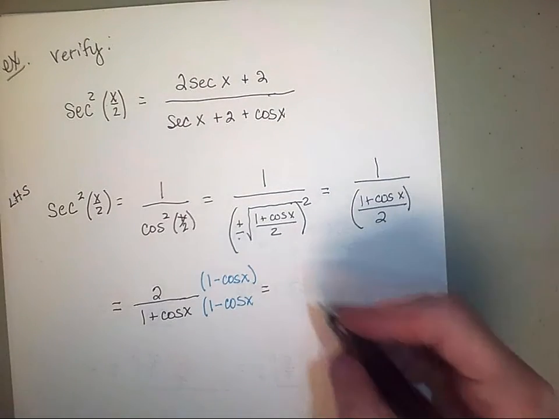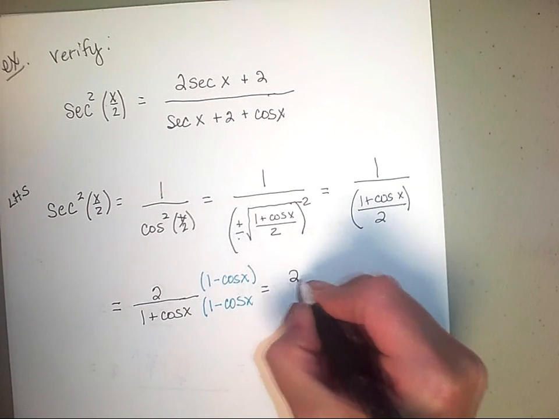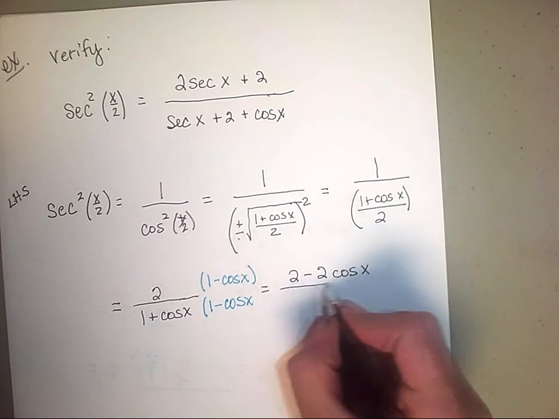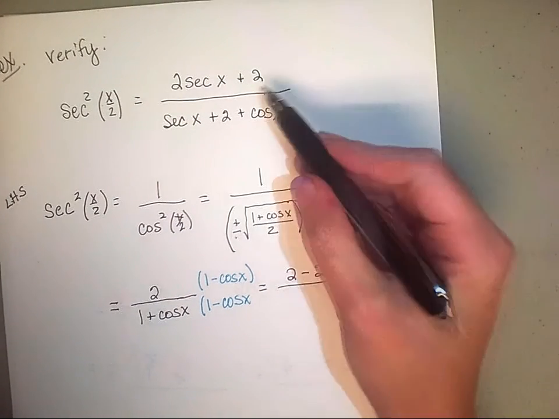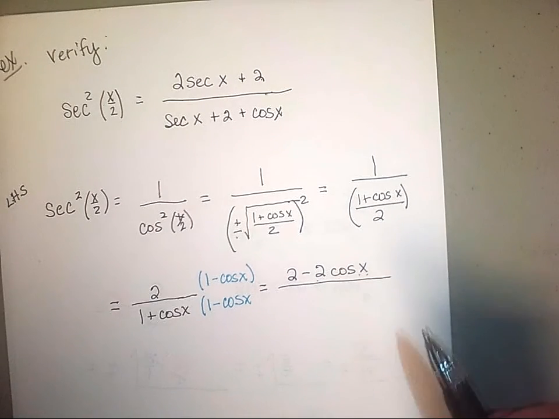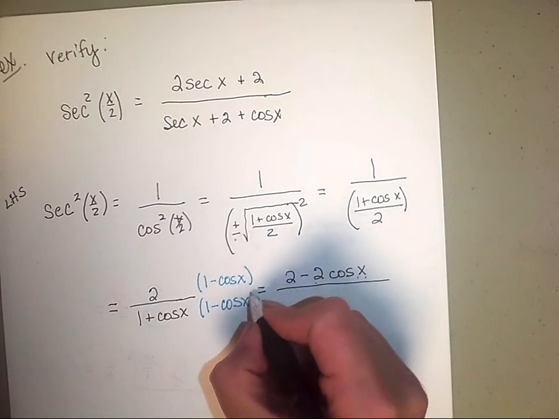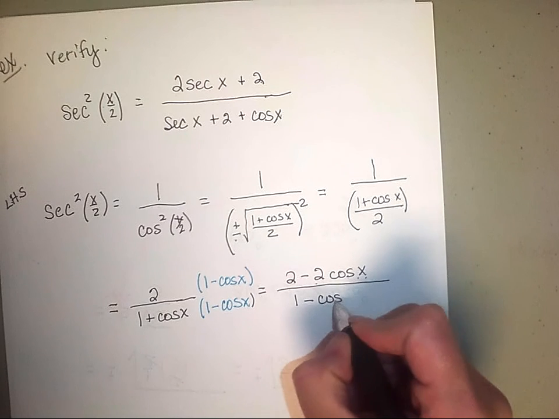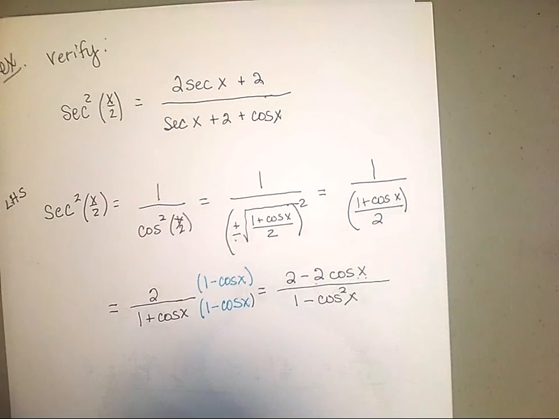Okay, so if I do that, I'm going to have to distribute that 2 through up top. I'll get 2 minus 2 cosine of x. There's a 2. I like that. This is not a secant, but we're getting there. And then multiplying by the conjugates, this becomes 1 minus cosine squared.